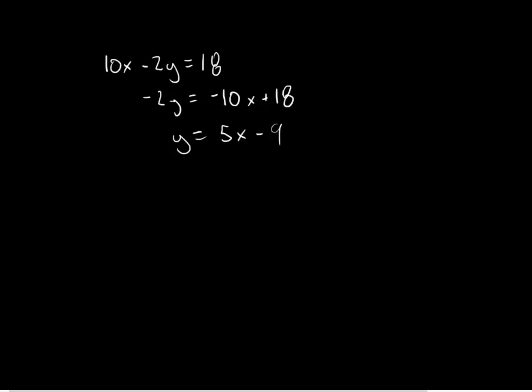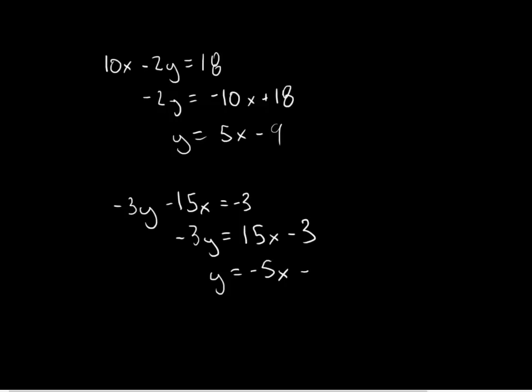And then you've got the second equation. So I'll add 15x and then divide by -3. So y is -5x plus 1.